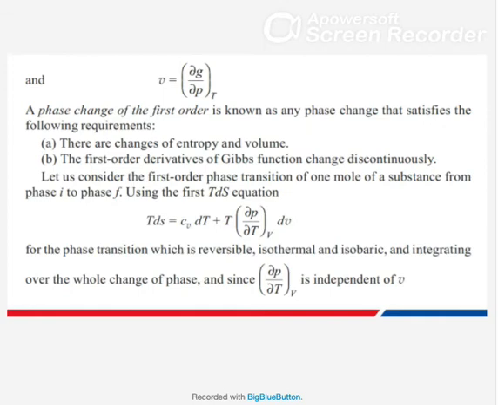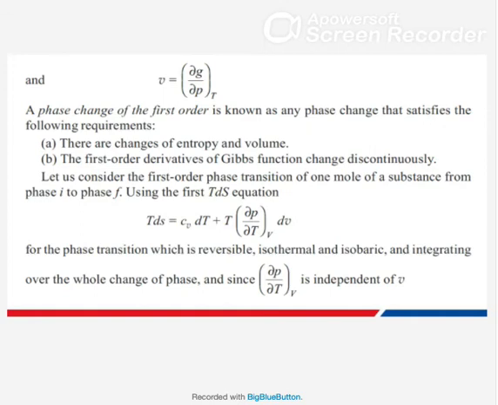For a phase change, there should always be a change of entropy and volume, and the first order derivative of the Gibbs function should change discontinuously. Then only you can say that the phase change process is going on.